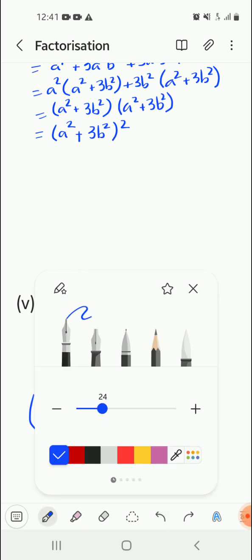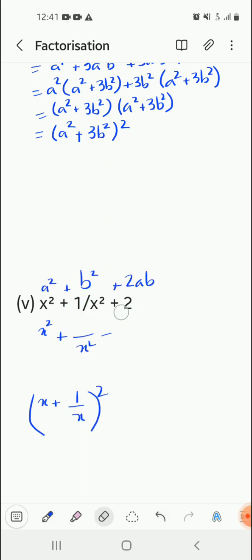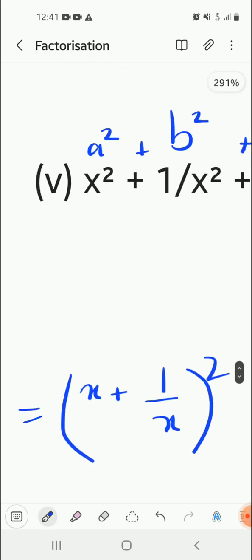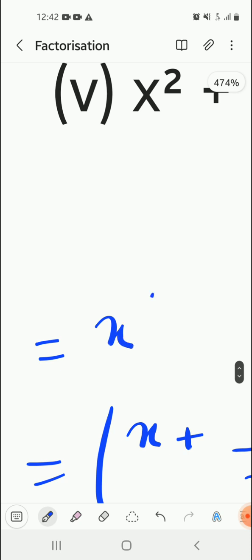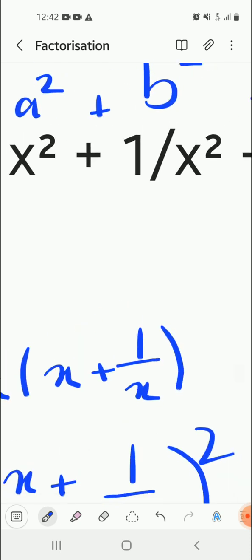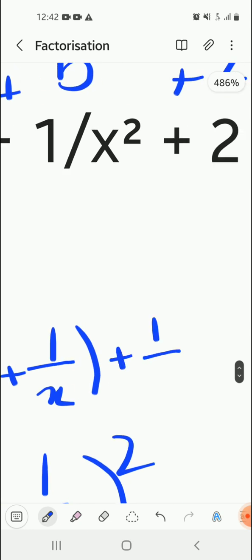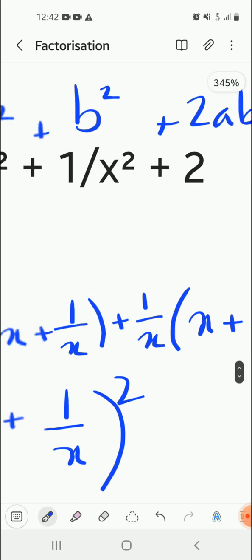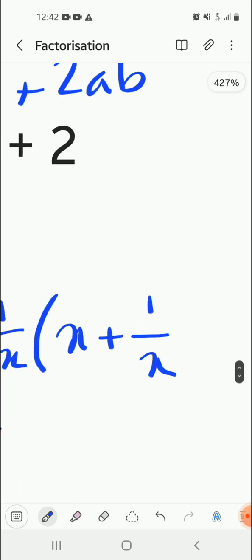Now again we are going to simply do the back calculation. So this is what we have got. So we know it must be x into x plus 1 by x, and plus 1 by x into x plus 1 by x.